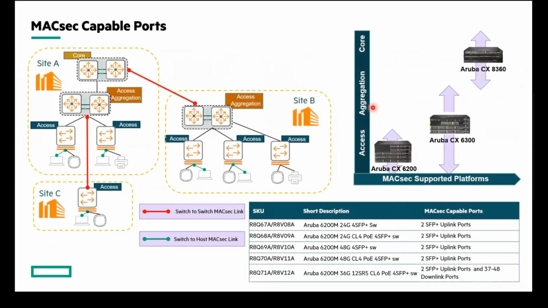So let's understand the capability of MACsec in our CX switches. The best and most secure solution for protecting against vulnerability at the access edge is to identify what intelligence the switches can provide in the network. We would first start with IEEE 802.1X, which provides port-based network access control using authentication. But will authentication alone guarantee the confidentiality and integrity of data on the network?